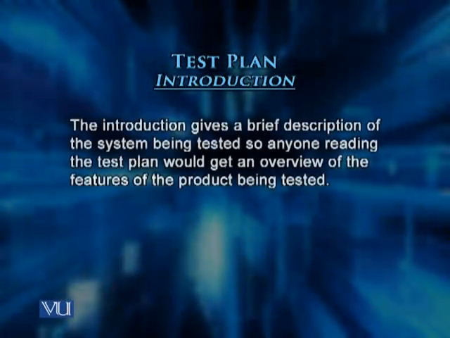So the first section that is included in the test plan is introduction. The introduction gives a brief description of the system being tested, so anyone reading the test plan would get an overview of the features of the product being tested.